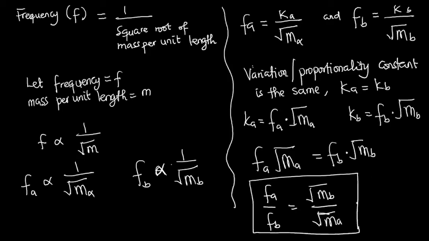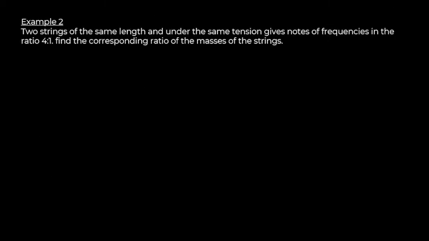So let's note this expression as we are going to use it in solving a problem for the next question. So let's look at the next question that we have. Example number 2. Two strings of the same length and under the same tension give notes or frequencies in the ratio 4:1. Find the corresponding ratio of the masses of the strings.